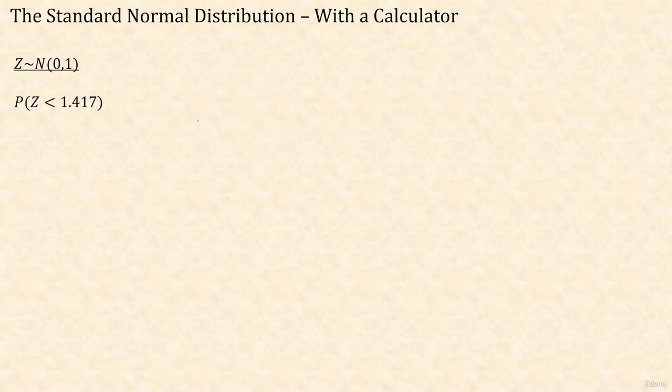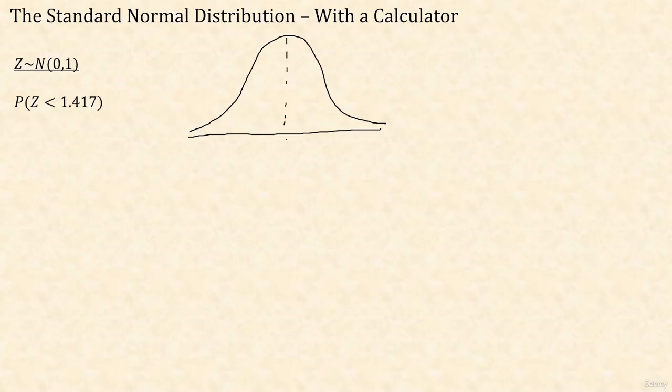Okay, so for this one here, our sketch, just to ensure we're picking the right region. Here's the 0. Here's 1.417. So we want to know what phi of 1.417 was. And remember, this was actually quite fiddly with the tables. We had to be very careful adding bits and bobs up.